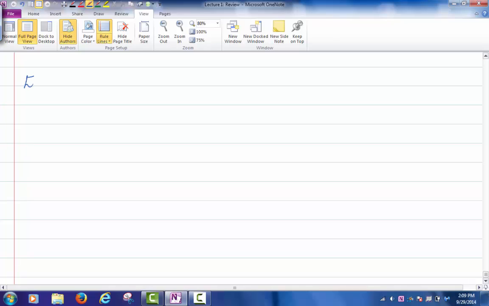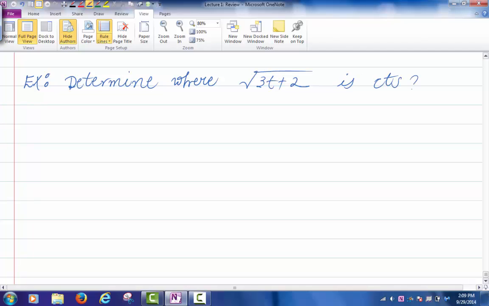Okay, so here's an example. Let's say determine where this function 3t plus 2 is continuous.